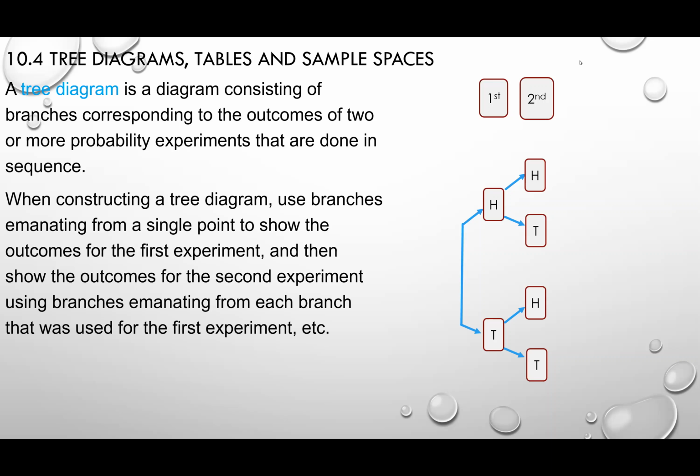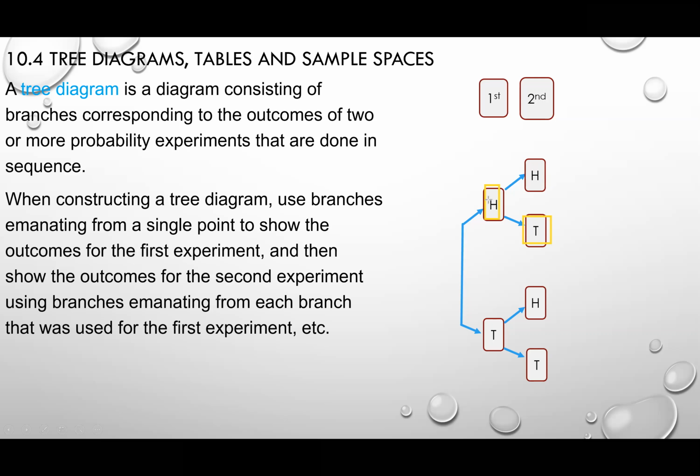What does this mean? If you look at this here, it's not that I flipped 3 or 4 times. I only flipped 2 times, ladies and gentlemen. It tells me that I can have a head the first try and a head the second try, or a head the first try and a tail the second try.